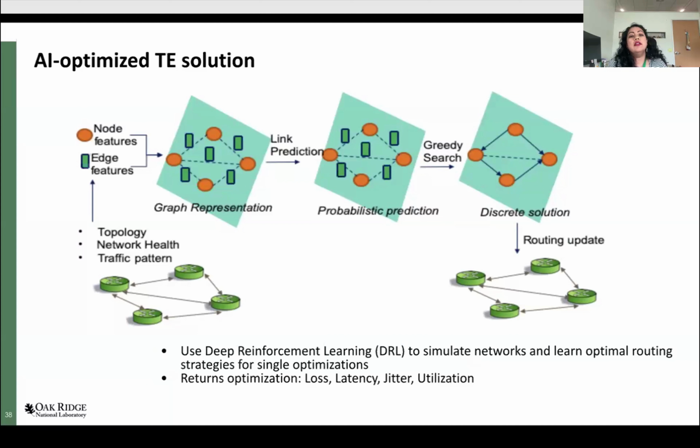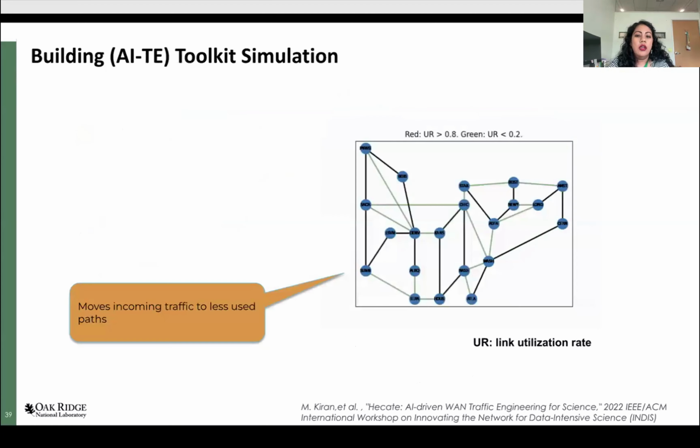So we've been building this into a traffic engineering solution where, again, we have a network. It takes in all of this network data, topology, health, and traffic patterns. It does prediction, like what my paths are going to look like in the future, and then tries to come up with better routing tables that can then be sent down to the network that will eventually lead to a latency-aware, utilization-aware network, which we wouldn't have done if we just followed the shortest possible route technique.